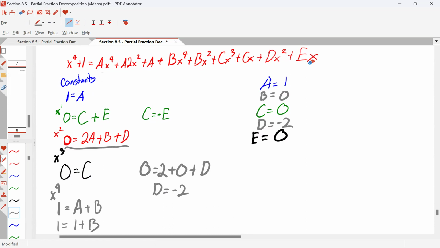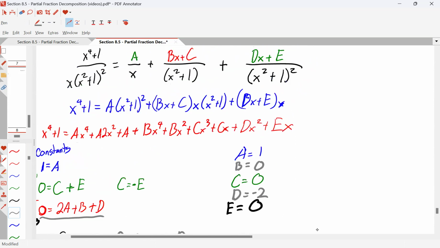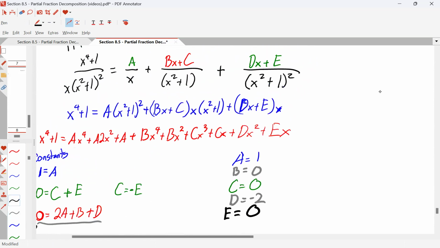That means now, back when we looked at our partial fraction decomposition, if A is 1, we have 1 over x. B and C are both 0, so that rational fraction is just going to go away, plus negative 2x, E is 0, over x squared plus 1 squared.